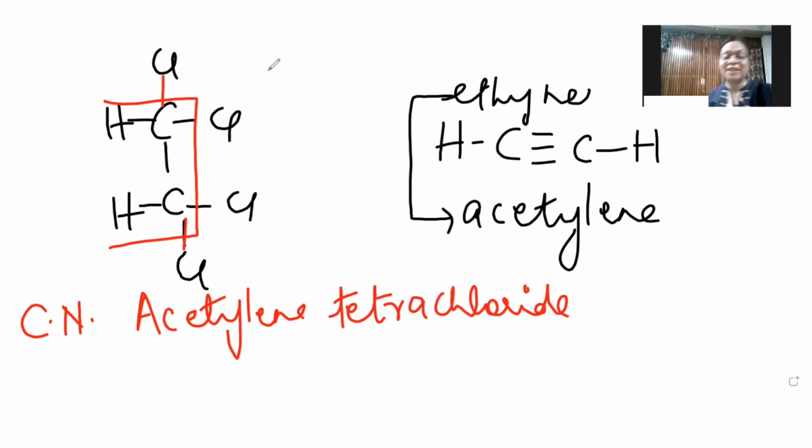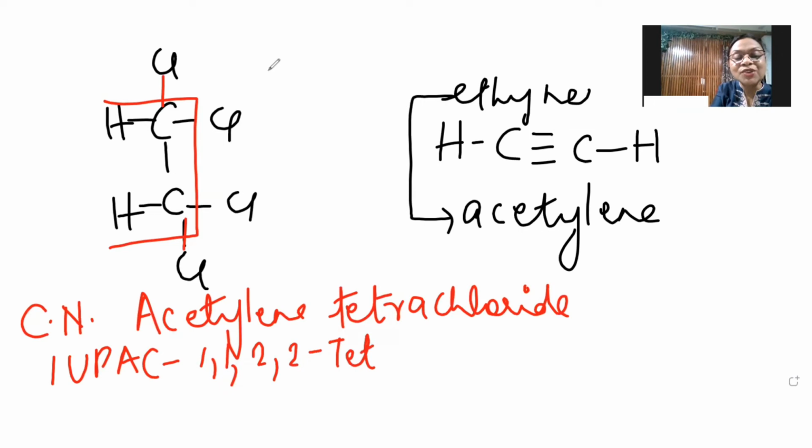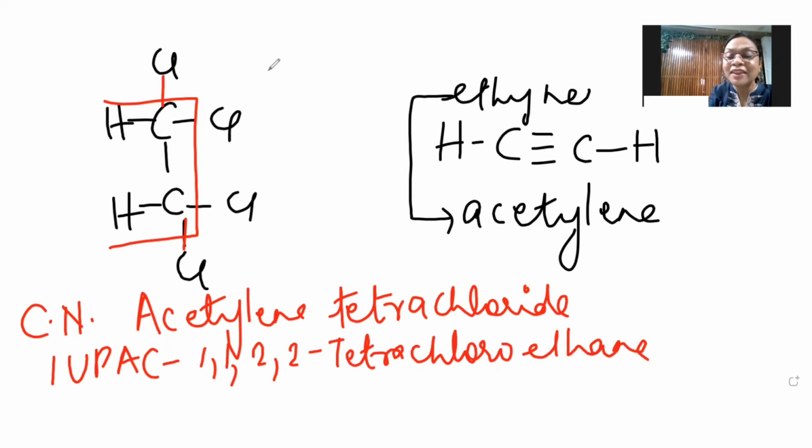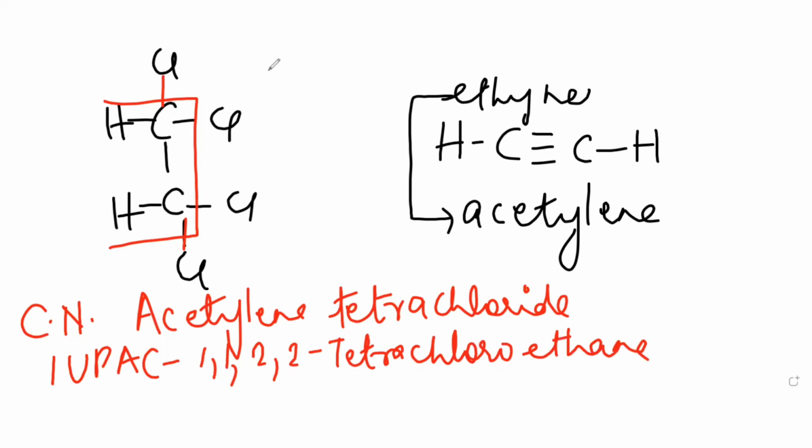Acetylene tetrachloride. Okay. And the IUPAC name of this compound would be 1,1,2,2-tetrachloroethane, right? 1,1,2,2-tetrachloroethane. So we have a lot to speak about.